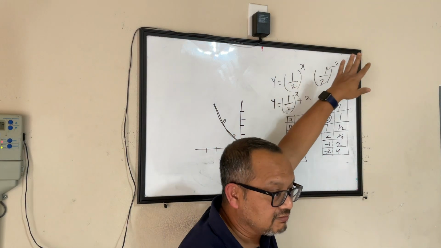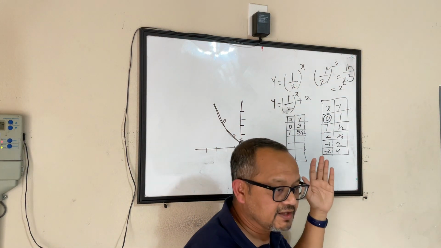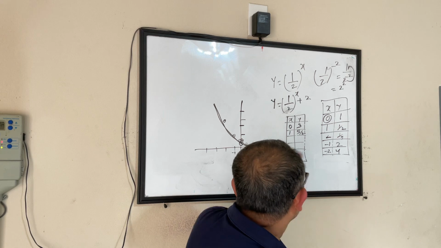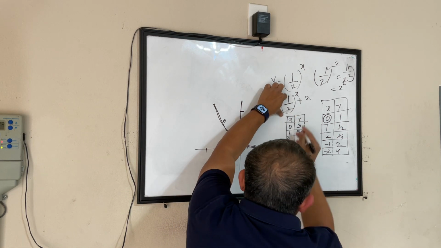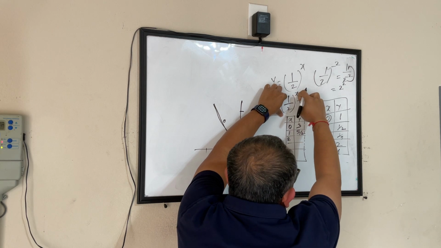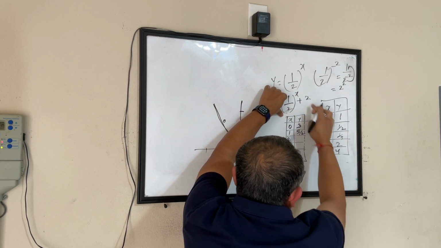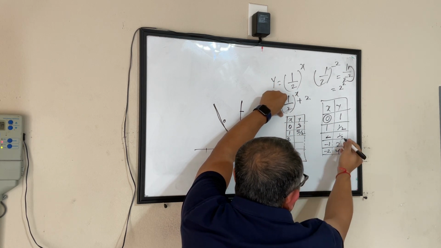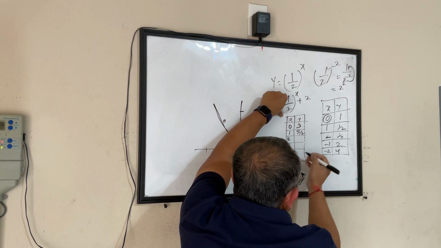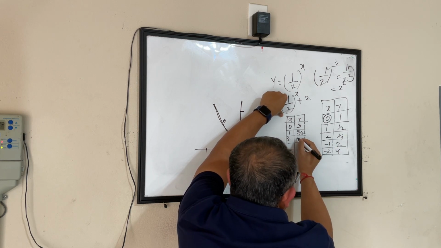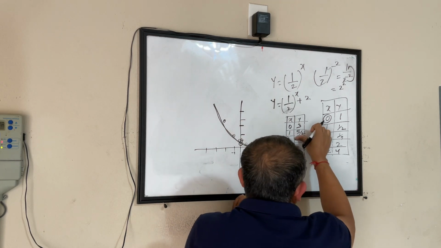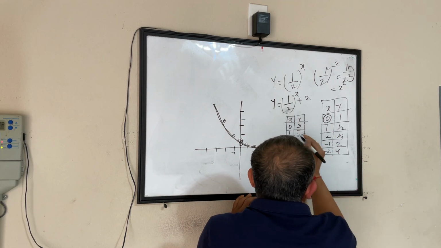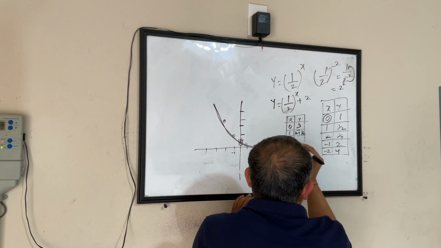I'm doing quick calculations. You guys can revalidate that when you are doing it yourself. When I say x equal to 2, this becomes 1 by 2 to the power 2, that is 1 by 4. Whatever value you have, you are adding 2 to that. So 1 by 4 plus 2, that becomes 2 plus 1 by 4, or 9 by 4.